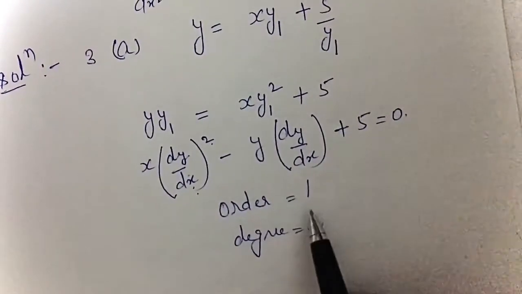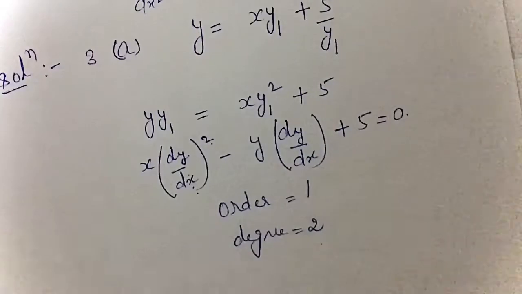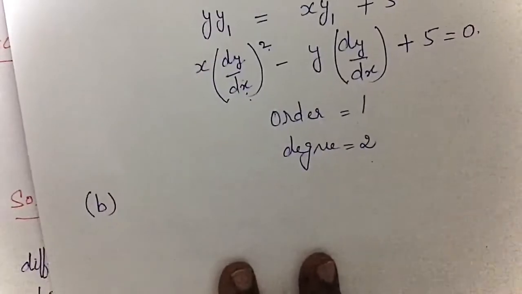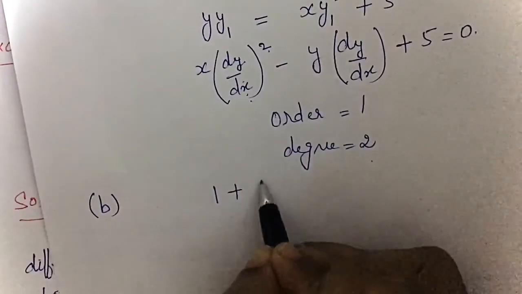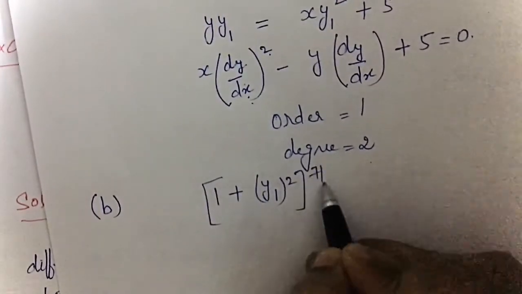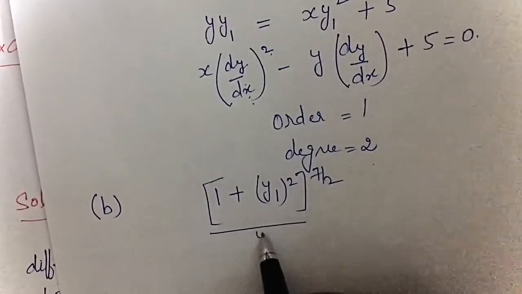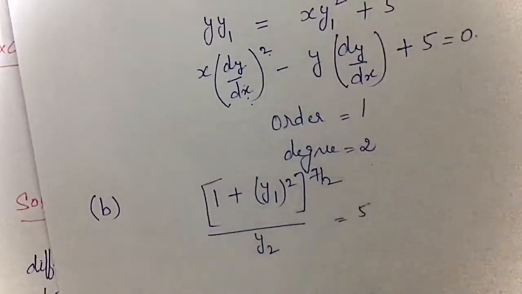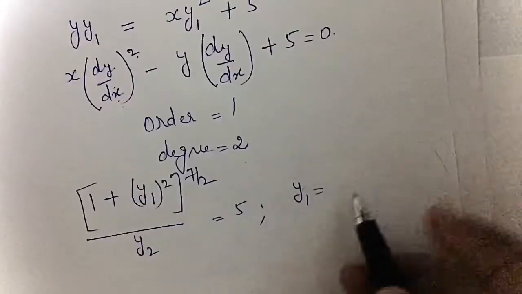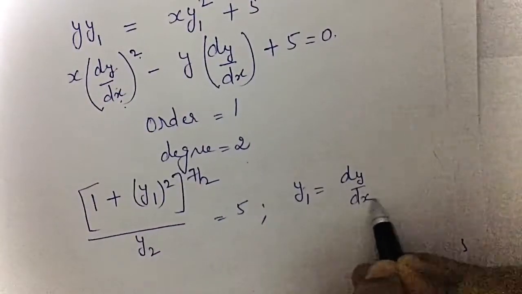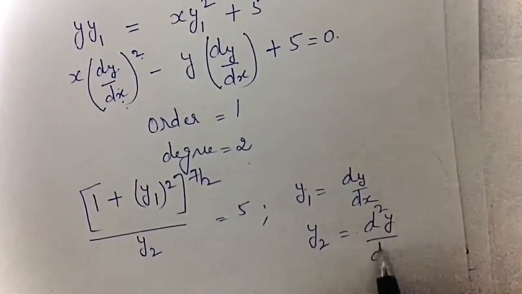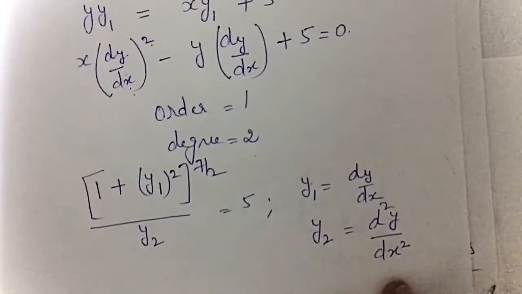In this way, we can find the order and degree of the differential equation. We can illustrate this degree and order with one more example, that is 1 plus y1 its whole square raised to power 7 by 2 over y2 is equal to 5, where y1 is the first order derivative, means dy by dx, and y2 is, if we are again differentiating dy by dx by x, the second order derivative.